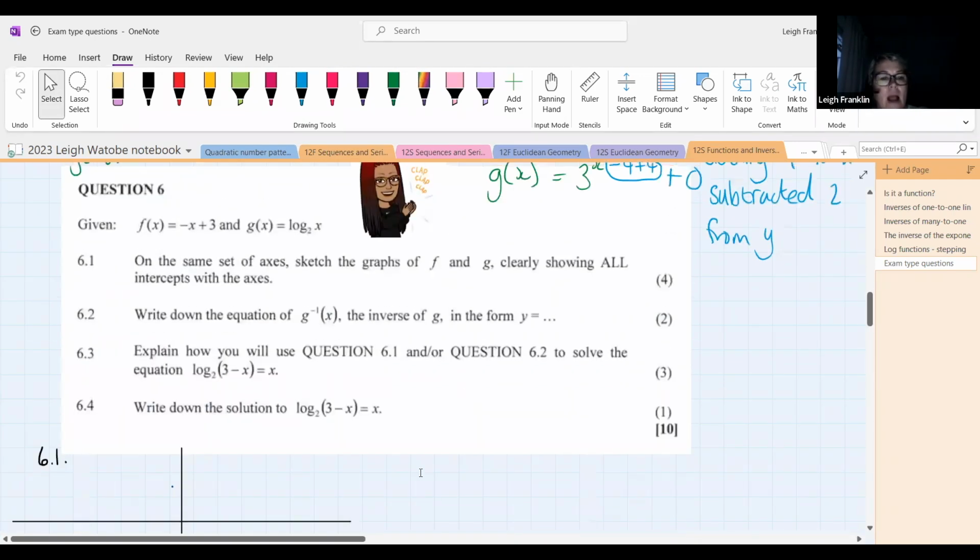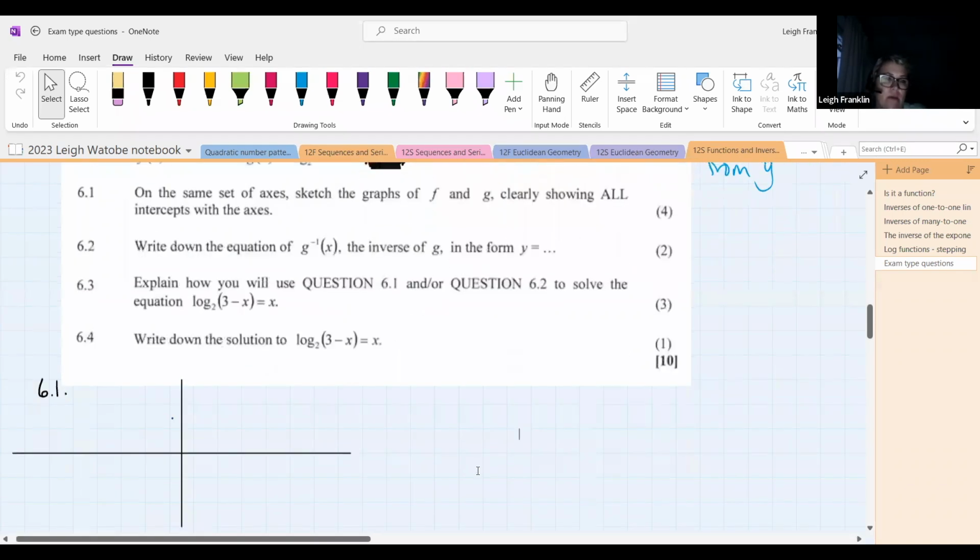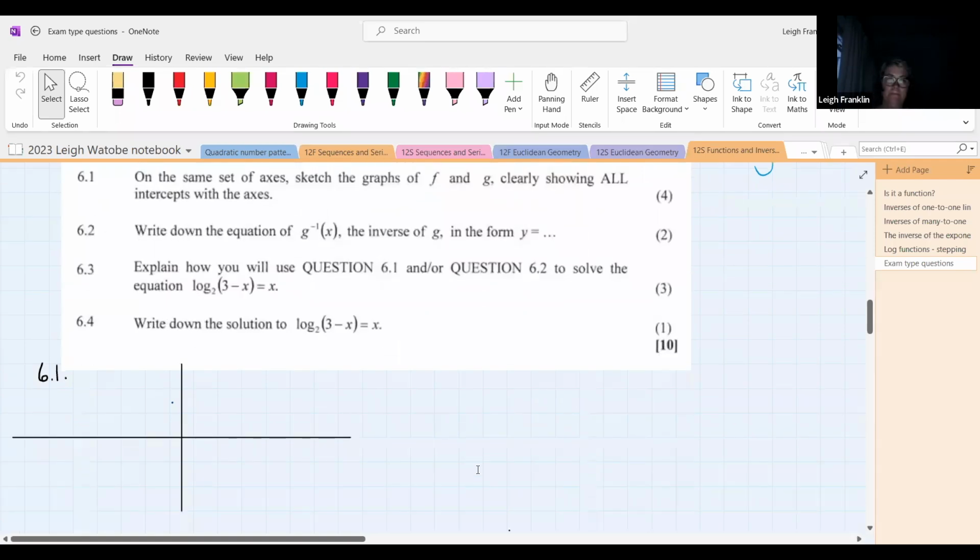So how would we draw the graph f of x equals minus x plus 3? What do we need to show the intercepts with the axes? I know I'm also sitting in the dark here.